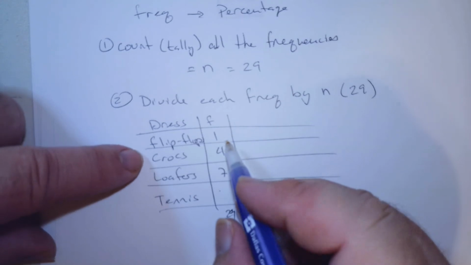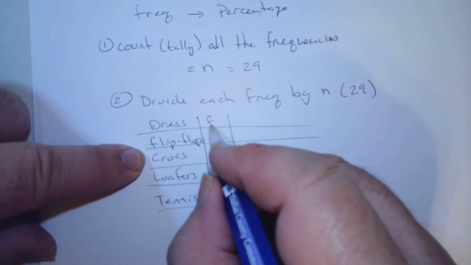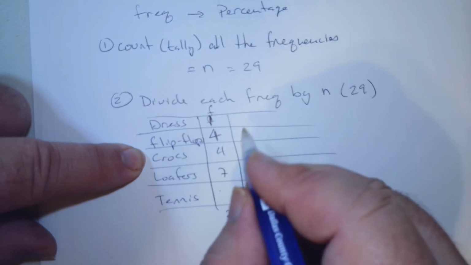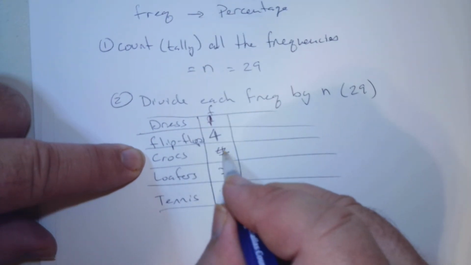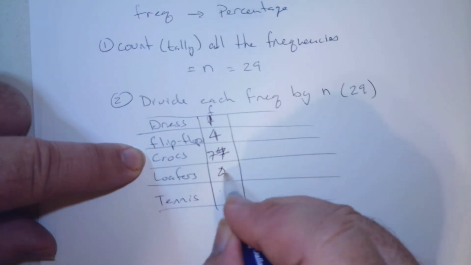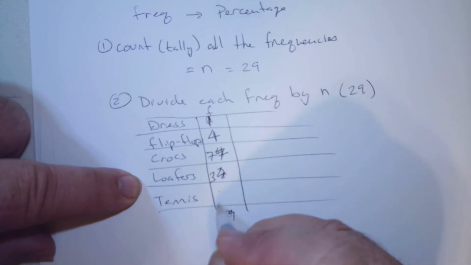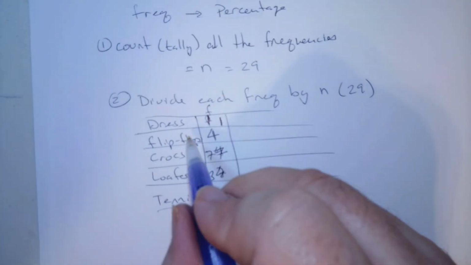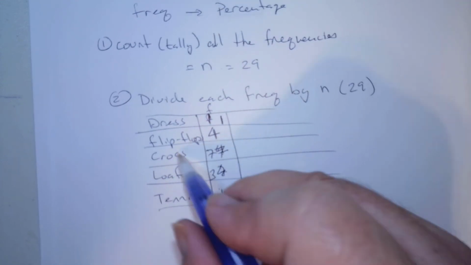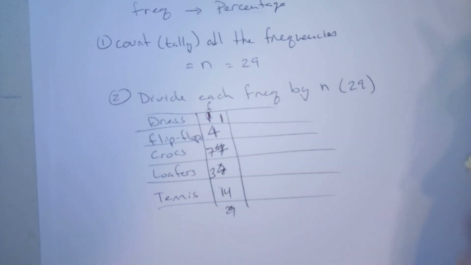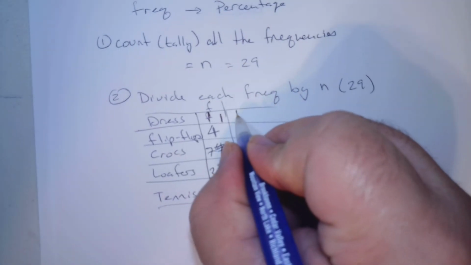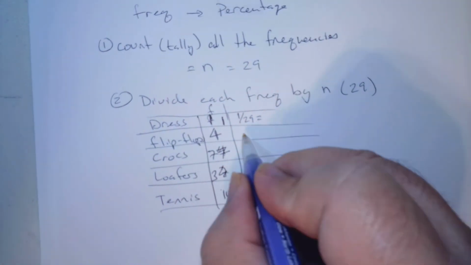Oops, dress is 1. These are the frequencies. So it's 1 for dress, 4 for flip-flops, 7 for Crocs, 3 for loafers, 14 for tennis. We take each one of these divided by 29.